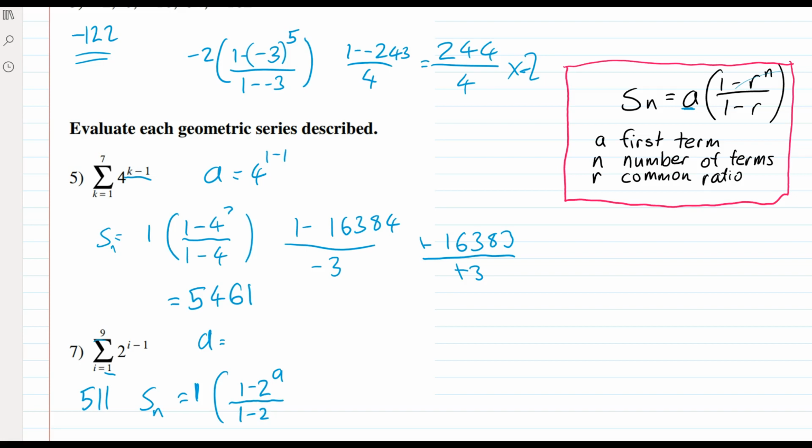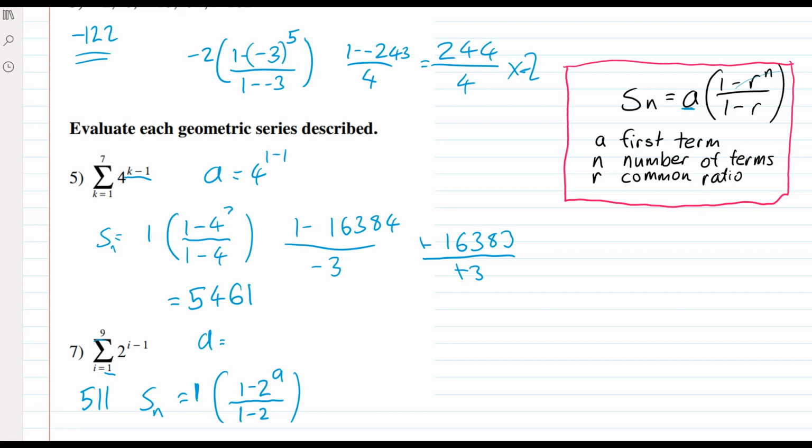So it's just 1 minus 2 to the 9, which is going to give us a big negative number. And all that's going to be over minus 1. So 2 to the 9 equals 512.